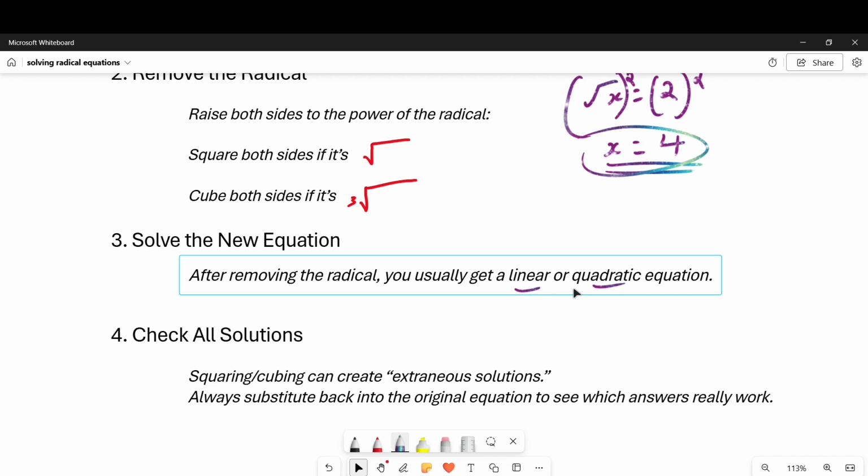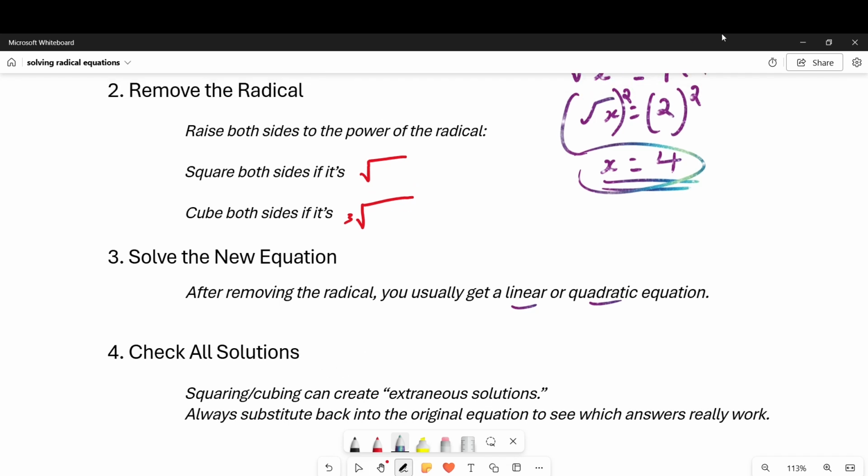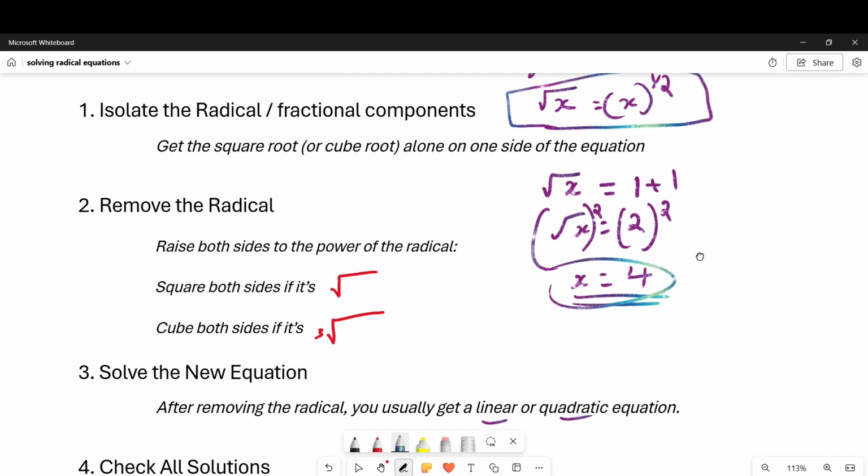So we need to check all the x values, all the solutions, by plugging them into the original equation and testing whether they work. Always substitute back into the original equation to see which answer really works. That's an important point. Here we have the value x equal to 4, so what we need to do is go back to the original equation.